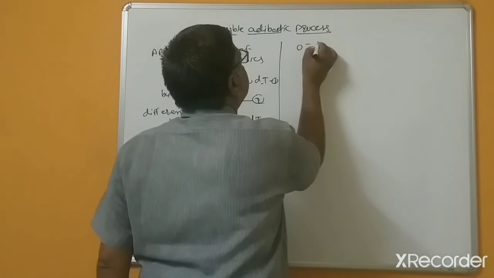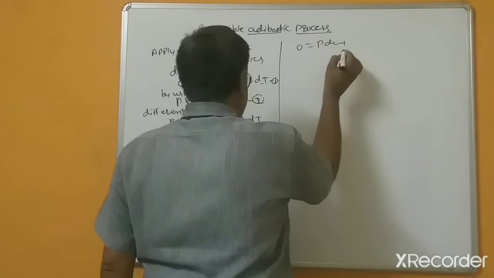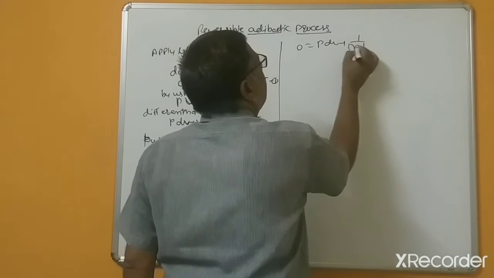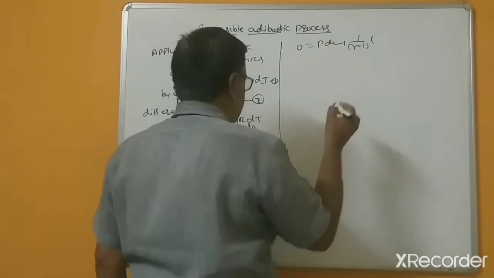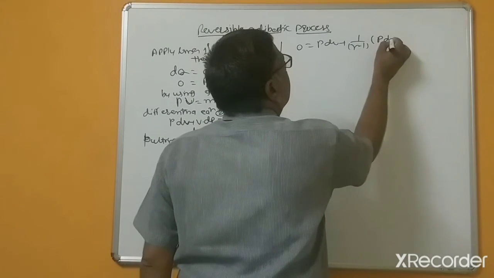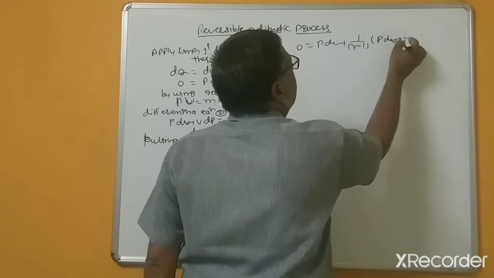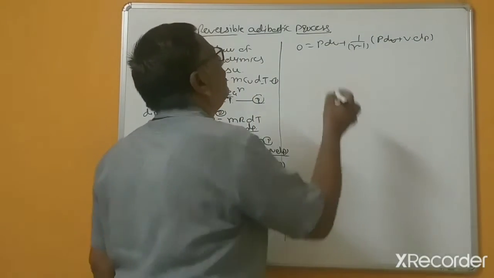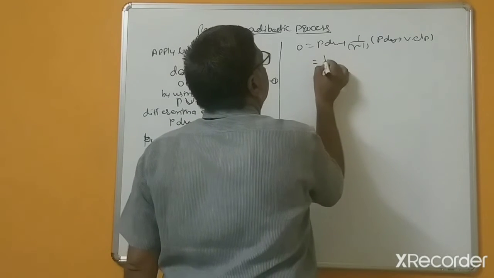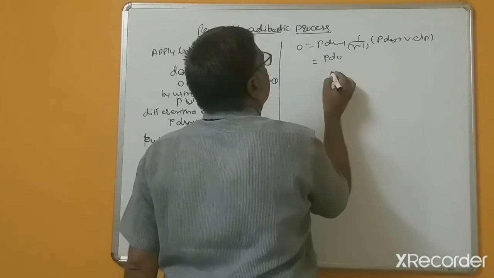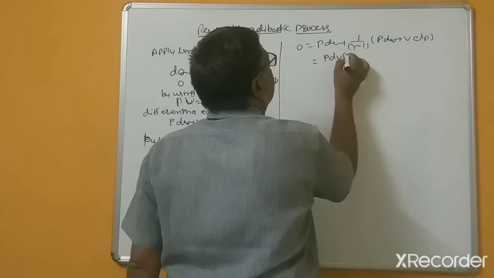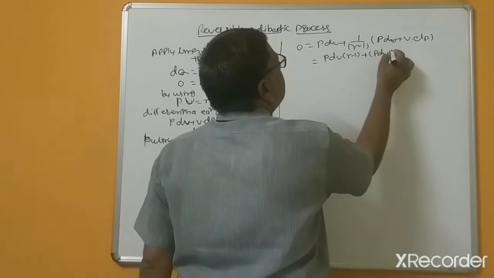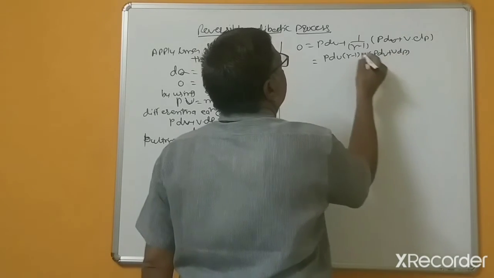Putting this in the equation, PdV plus 1 divided by (gamma minus 1) in brackets (PdV plus VdP). Now taking LCM, PdV (gamma minus 1) plus PdV plus VdP, divided by gamma minus 1.